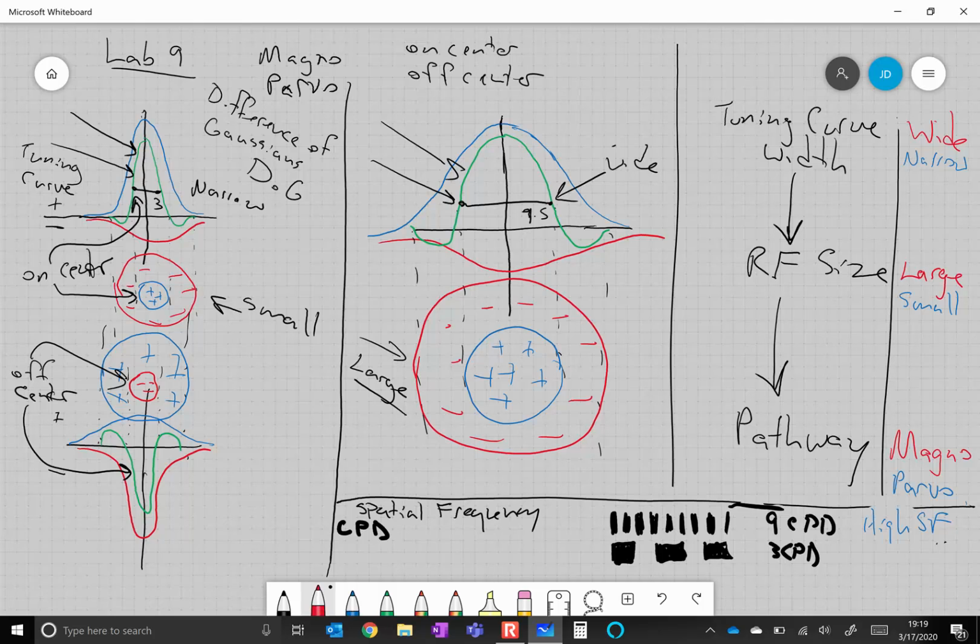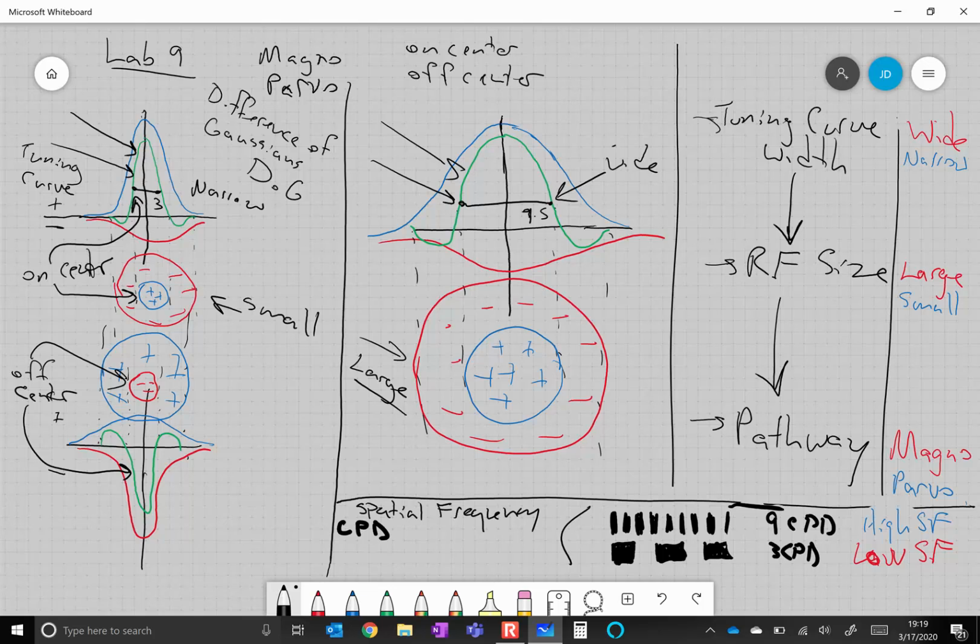And we know that the low spatial frequency is going to match up best to a larger receptive field, wider tuning curve, and is going to be part of that magnocellular pathway. And so now what we've seen is the relationship between tuning curve, receptive field size, pathway, and how that relates to spatial frequency sensitivity for each of these channels.